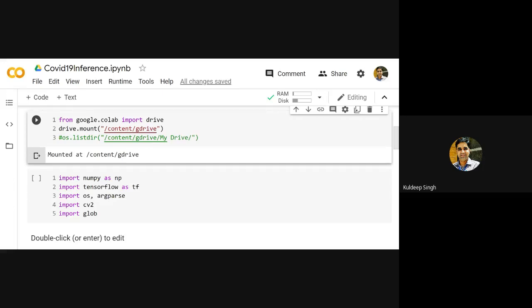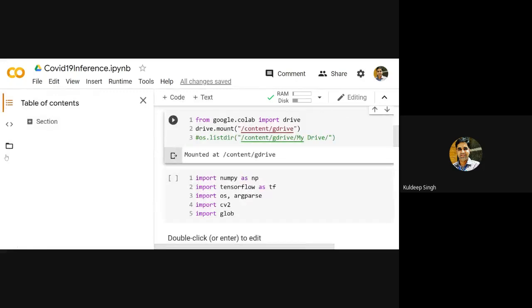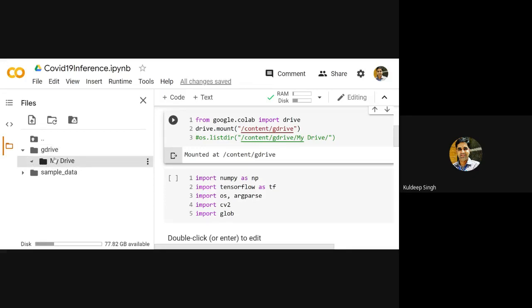So that's why, to avoid the loss of the data, we store our data on Google Drive. And now it says that it is mounted at content/gdrive. Now here you can see that it is being mounted as gdrive. So my drive is mounted here.